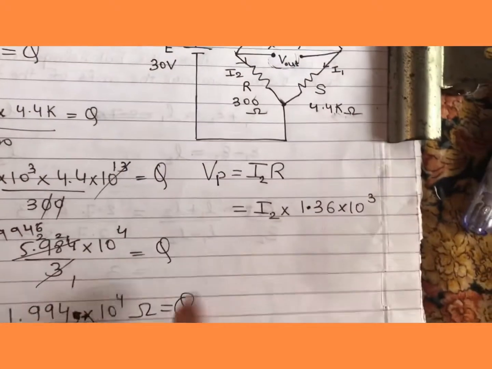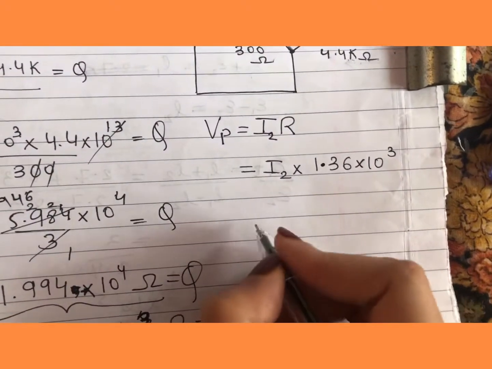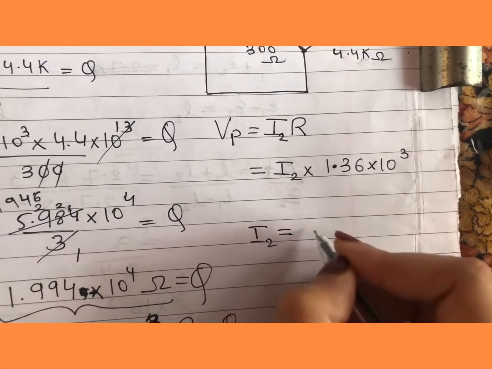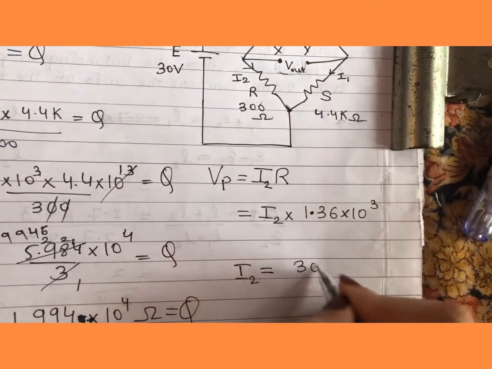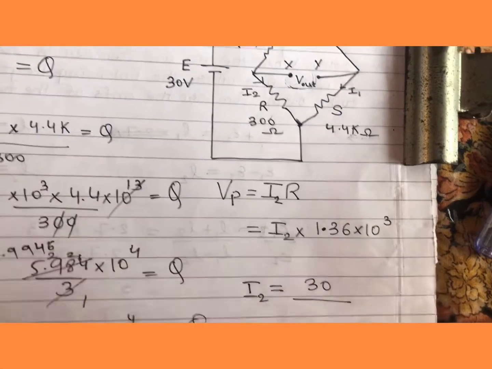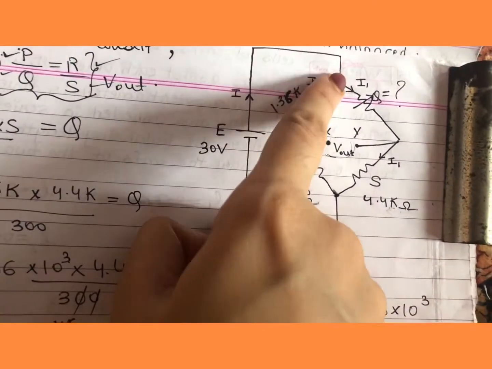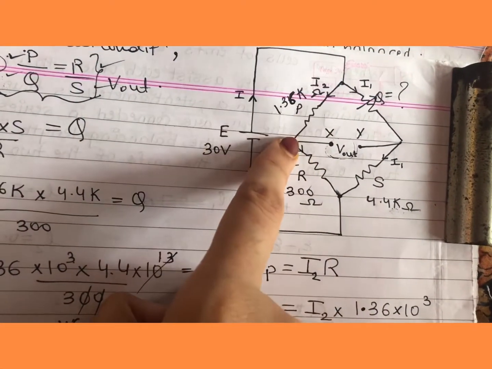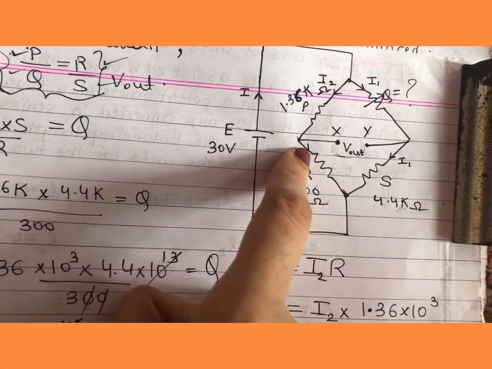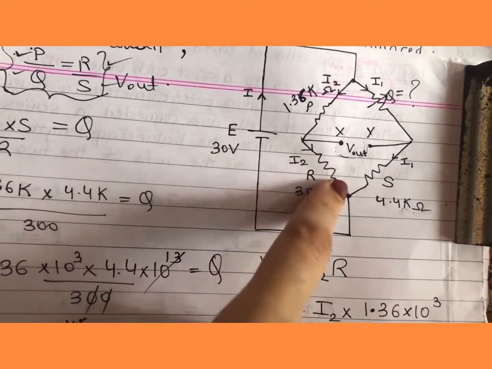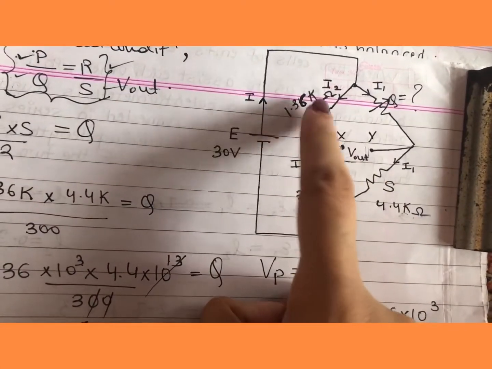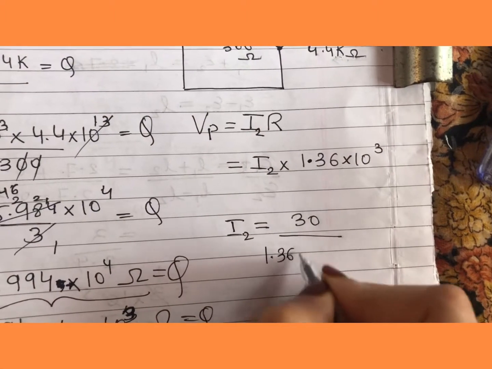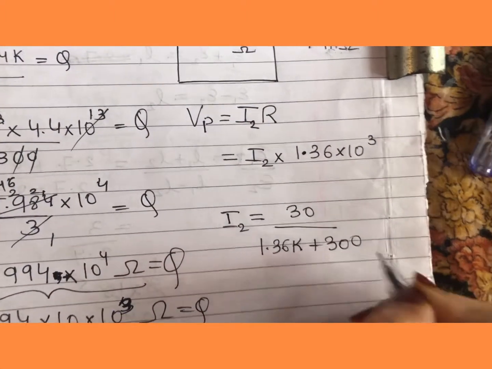Okay. Now how will we calculate the current? Current is whatever the battery voltage, 30, upon the total resistance. Here the current I2 is flowing, and this I2 current is also flowing from here, so here we take total resistance of these two, that is 1.36 K plus 300. Understood?